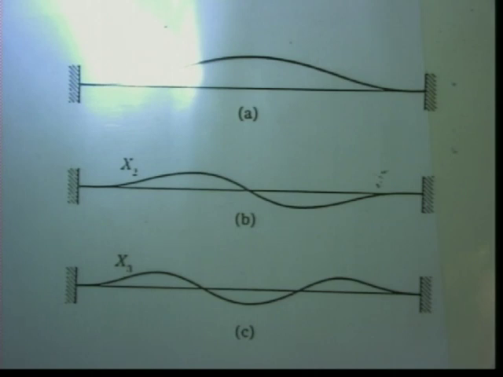Second mode is anti-symmetric with respect to the middle cross-section. It's good to write down. Third mode is symmetric with respect to middle cross-section.